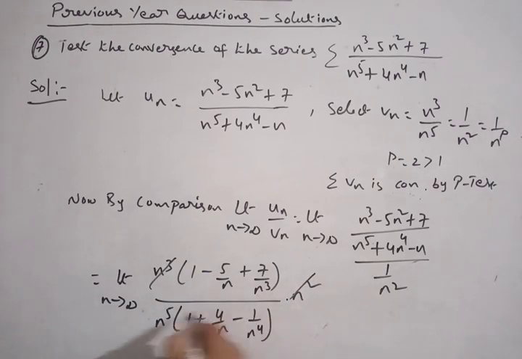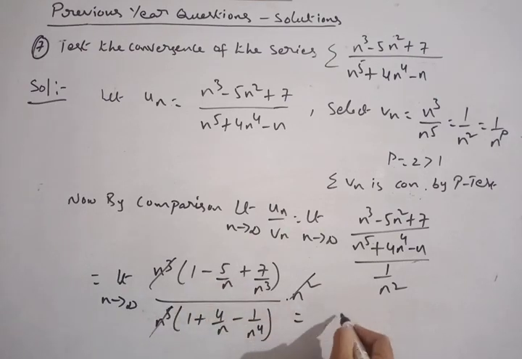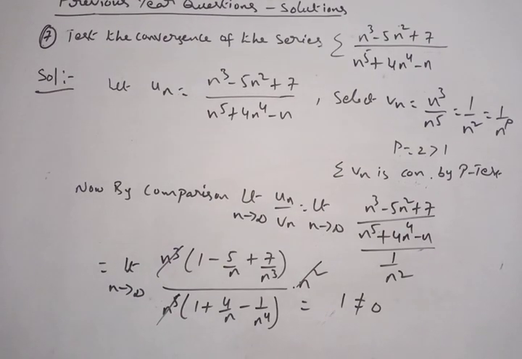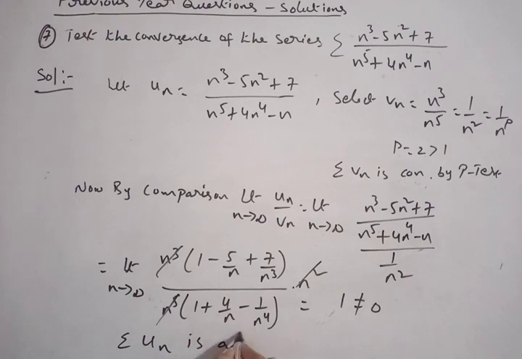So n cube, n square, n power 5 got cancelled. If I apply the infinity, I get 1, not equal to 0. Therefore sigma un is also convergent, since sigma vn is convergent. Understand? Like this you need to solve this problem. Okay, next.